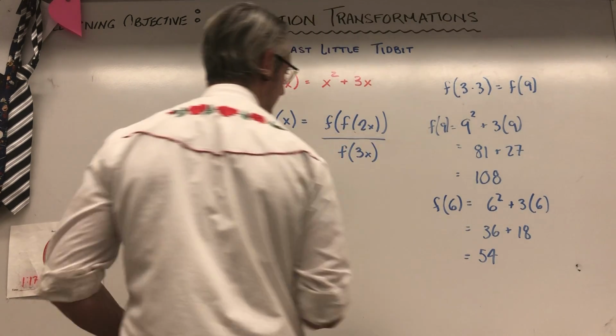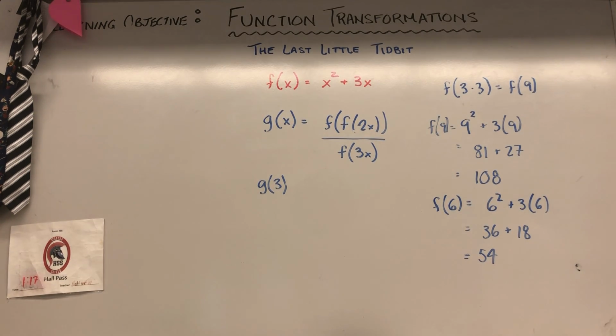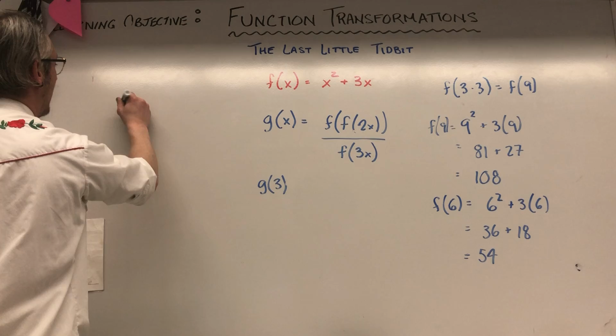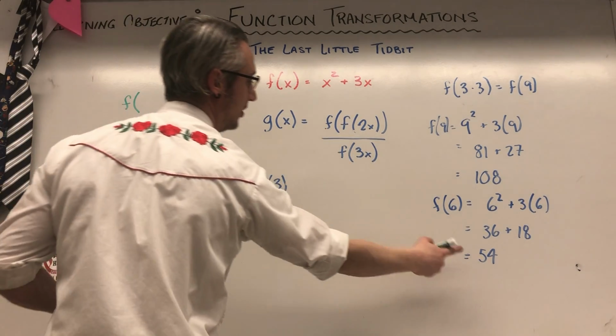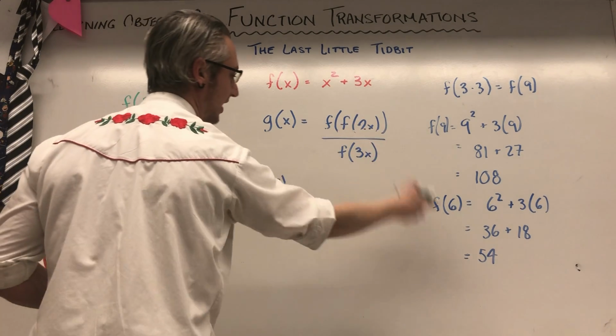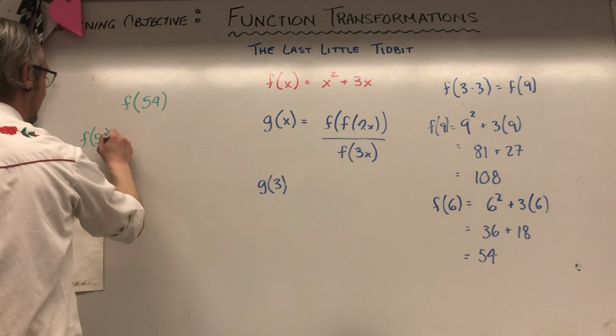So now, holy crap, we're super screwed. Okay, well, we're going to go for it. Do it for Johnny. So now I have to figure out the function value with an input of 54, because that's what f of 2x resulted to be. And that is intense.